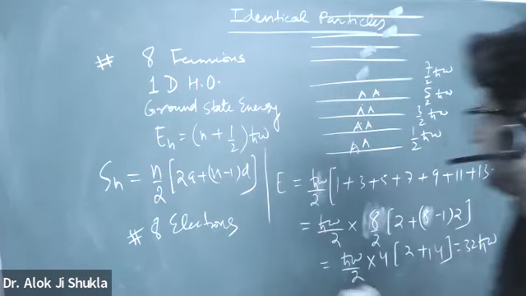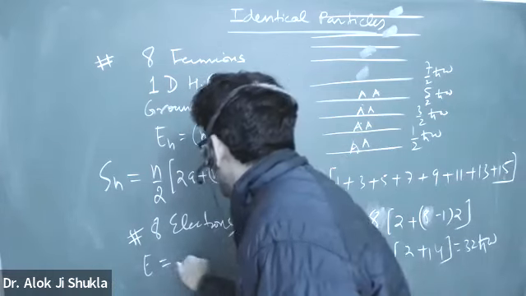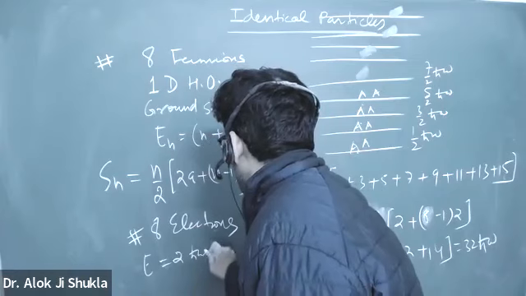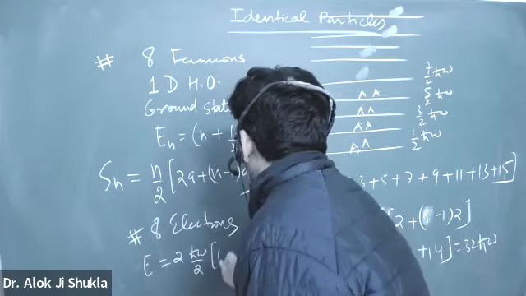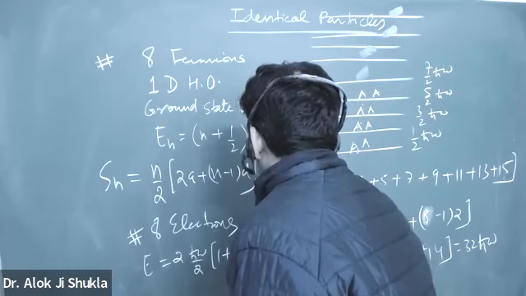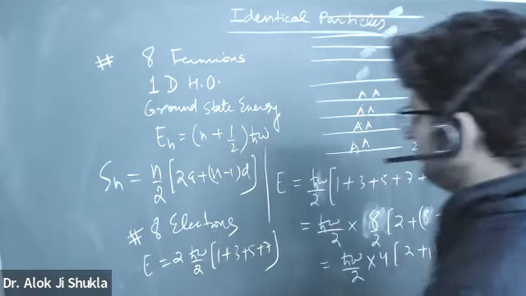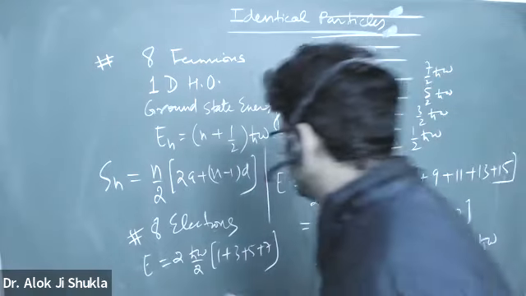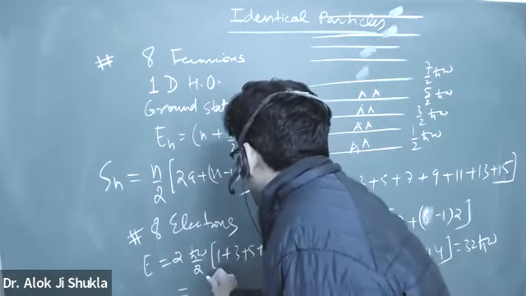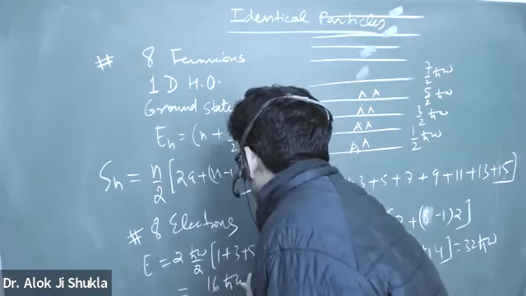So the ground state energy will become 2 times h cut omega by 2, 1 plus 3 plus 5 plus 7. So this is 16 h cut omega.